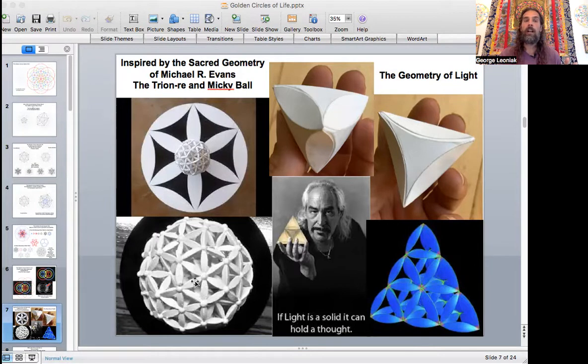It's a truncated icosahedron made out of all these three-sided shapes that Micheal feels has a relationship to the smallest structure related to the geometry of light. And it's based on these petals within the flower of life pattern.